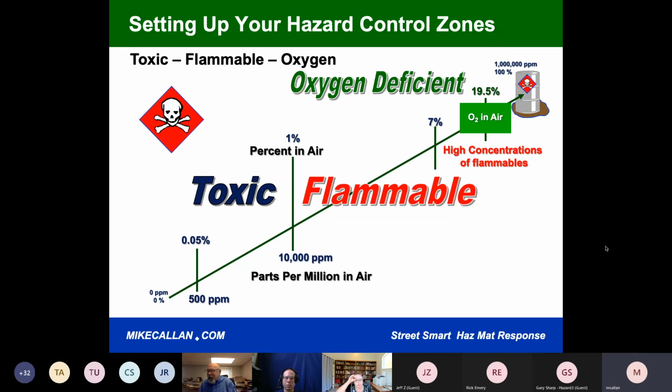Now I don't draw that in there, but the reason I didn't is that 1,000 parts per million, or 1%, is 10% of the LEL. I would suggest to them, if I go below 10% of the LEL, what is it? And a lot of them want to use the word safe.